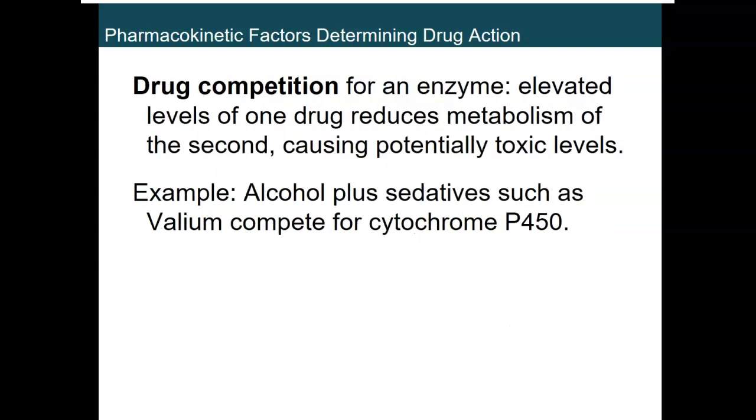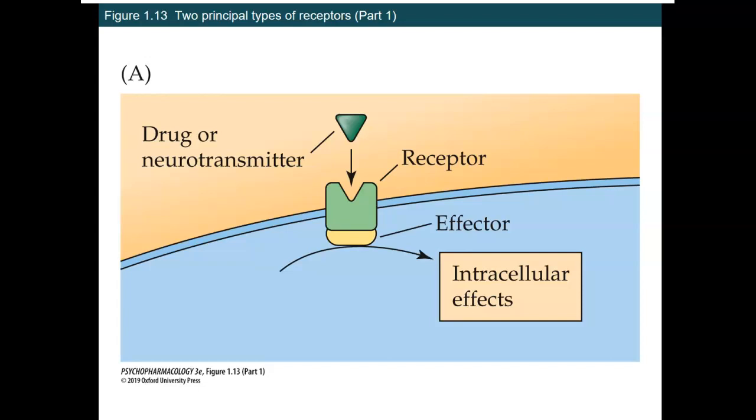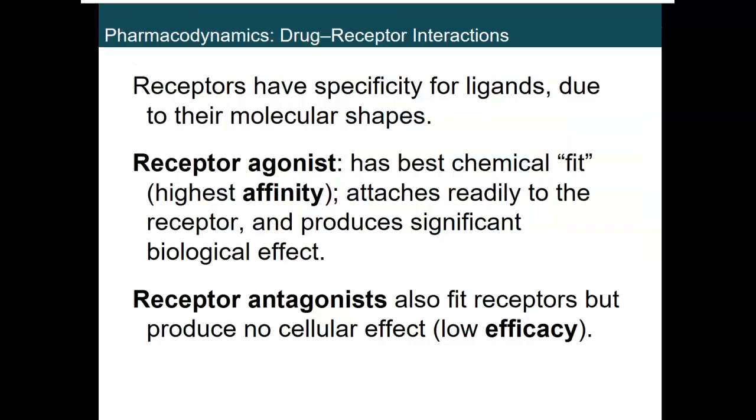We need to talk about that for a little bit, although I don't have a ton of time, but we're going to talk a lot more about these. Now we're getting into receptor sites and neurotransmitters. And when we talk about agonists and antagonists, one of them attaches to a receptor and can produce an effect. Another fits and blocks. I'm running out of time here. I might add another video right after this.